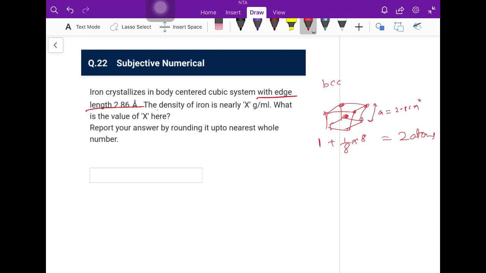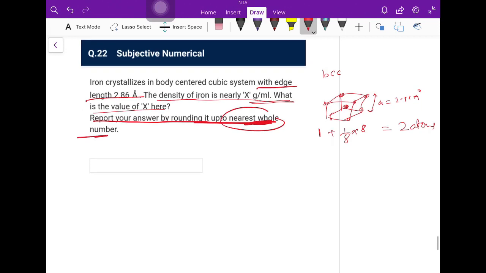What we need to calculate is the density of iron, which is nearly x gram per ml. What is the value of x here? Report your answer by rounding it up to the nearest whole number. Alright, so if rounding off to the nearest whole number, it becomes a bit easy for us. But here is a problem again.